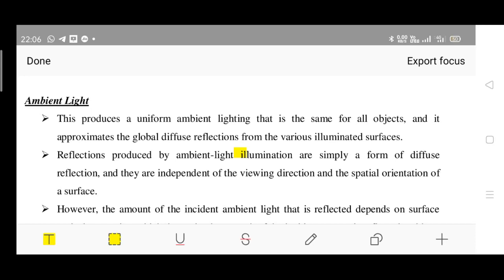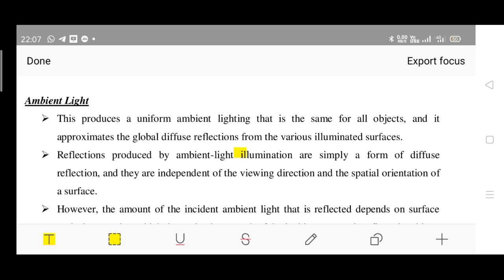For example, a painted wall, particularly you can consider a classroom, one side of the classroom. How does the wall look? White color, right? So the entire surface of the particular corner looks the same. For such type of modeling we go for ambient light modeling.